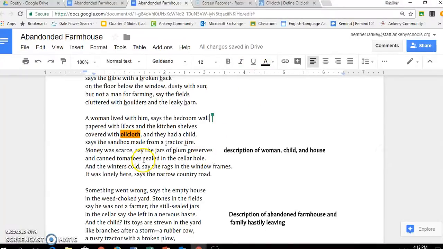And then here we have the S sound with sealed and cellar. So cellar starts with a C, but it's an S sound.